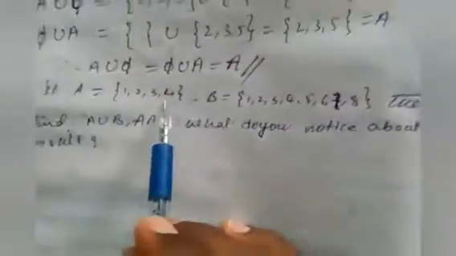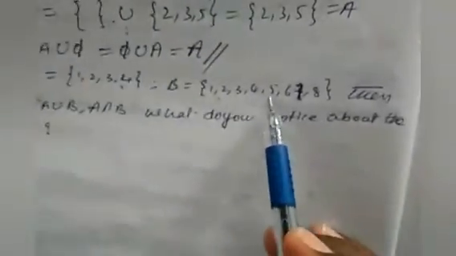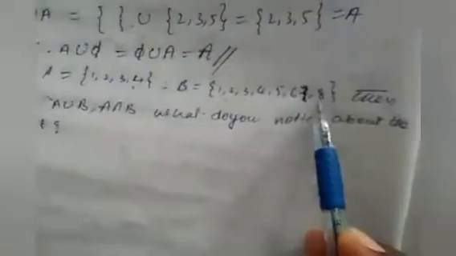Final conclusion. Our next question is, if A is equal to set of 1, 2, 3, 4 and B is equal to 1, 2, 3, 4, 5, 6, 7, 8, then find A union B and A intersection B. What do you notice about the result? So given sets, solution.